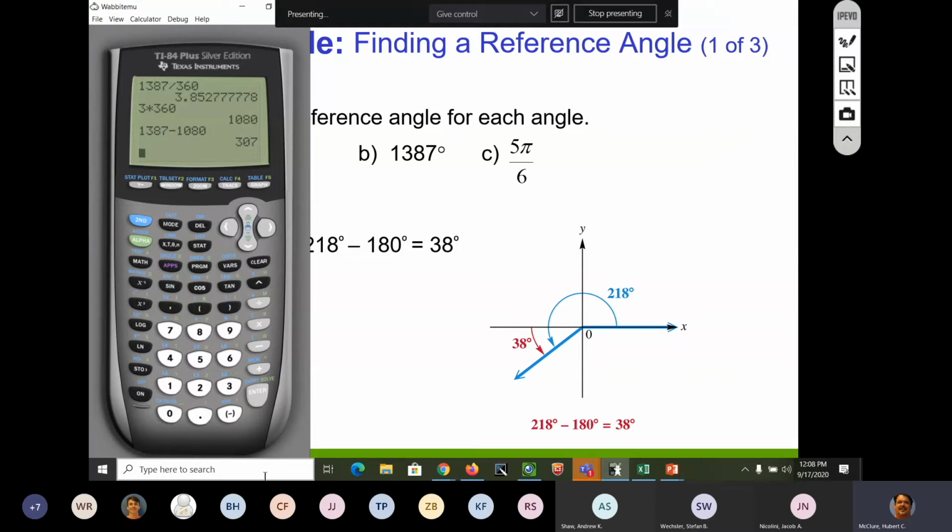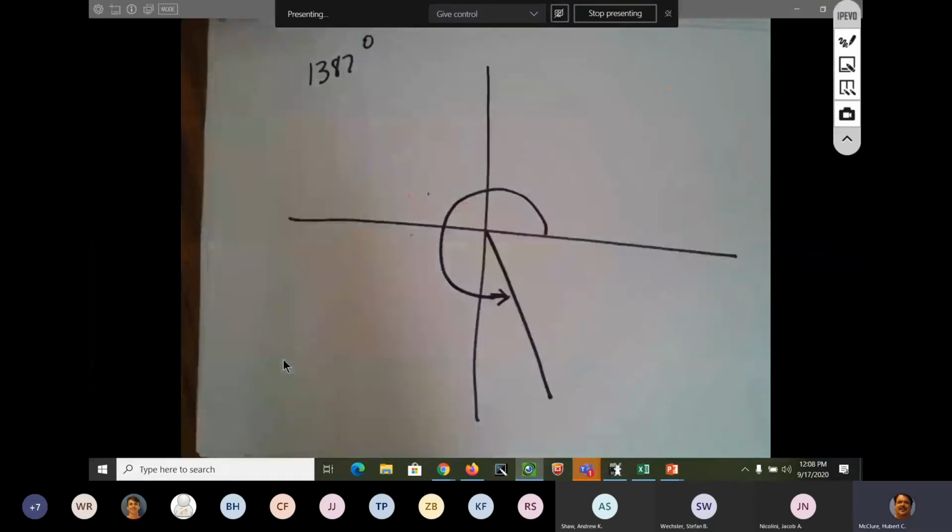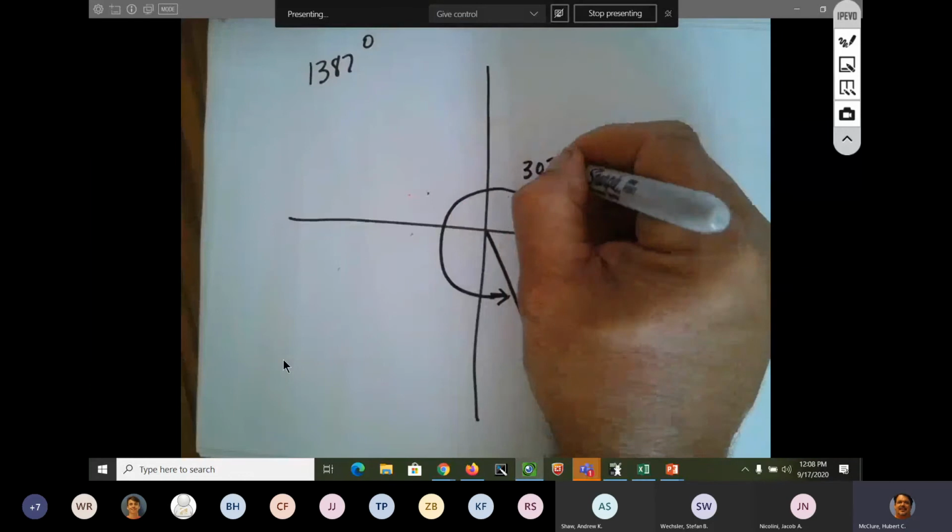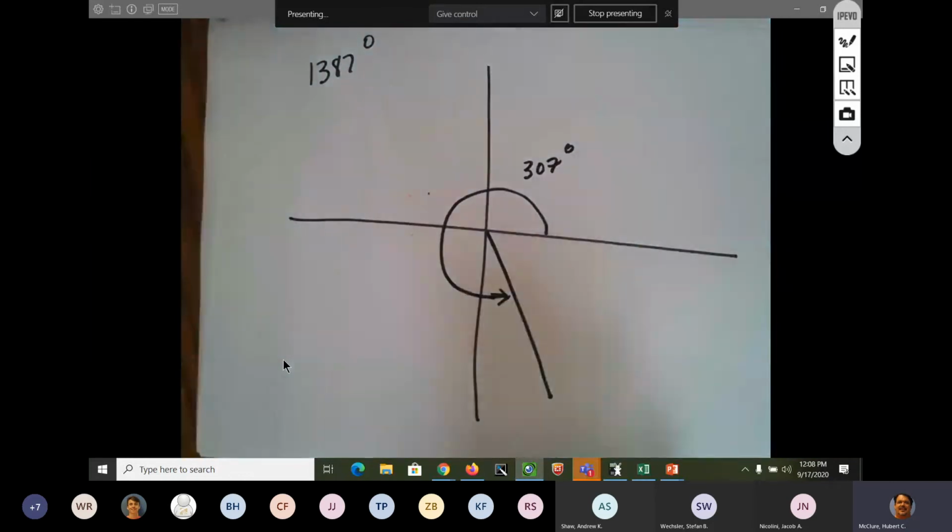Okay, so I'm just going to put it right in here: 307 degrees. Now I'm going to give you both angles. I'm going to give you in reference to the 270. We'll do that in orange.